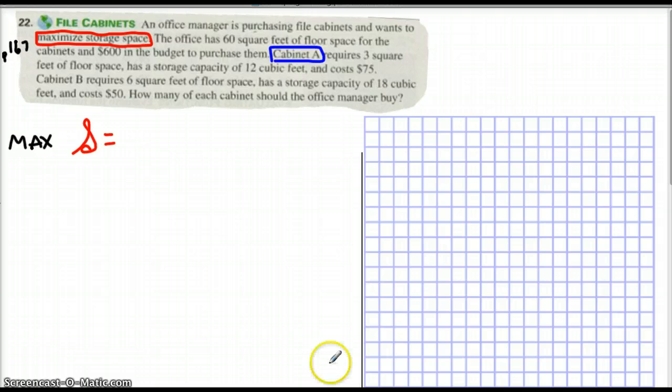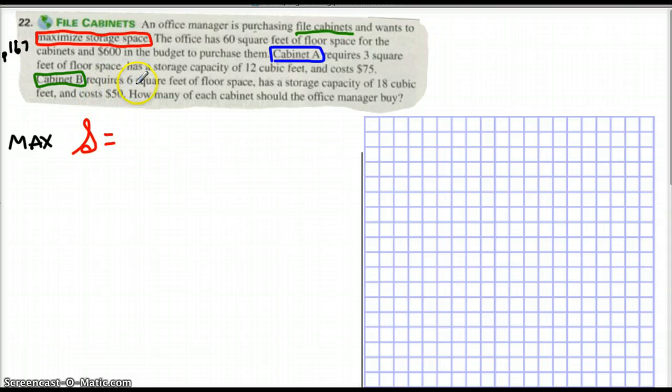Let's just keep reading, and hopefully the stuff will gel. Will start to separate itself. Oh, here's the next cabinet. Cabinet B. It's our other cabinet. Remember, we're purchasing file cabinets. So amongst all this floor space and money and storage capacity, we're looking for file cabinets.